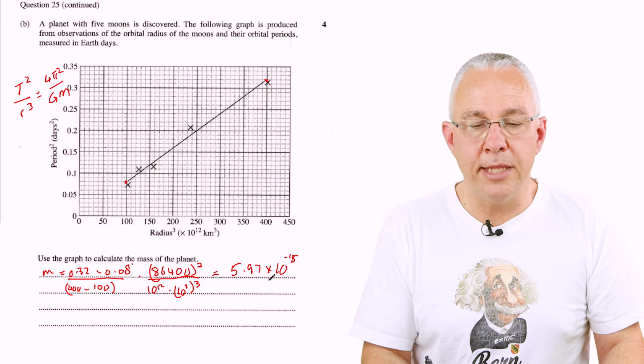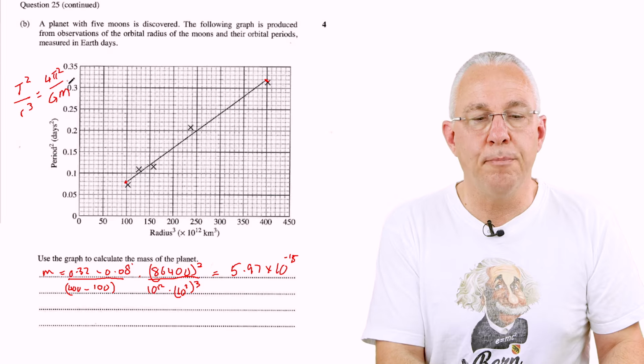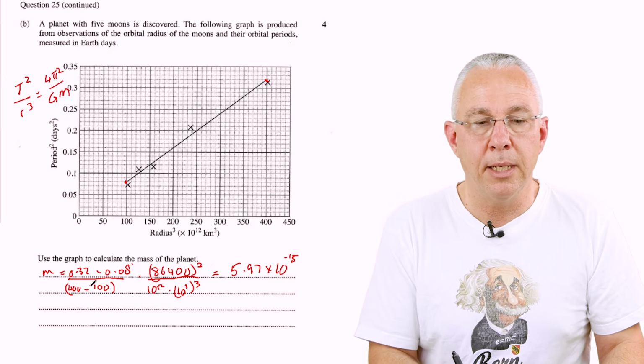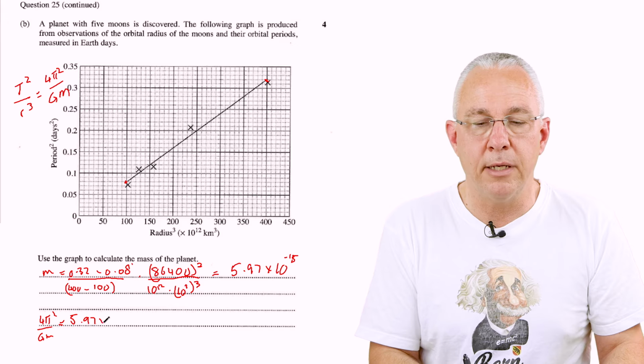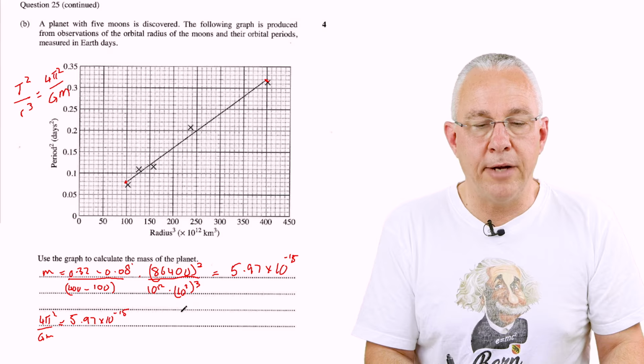Now, we know that this is equal to 4 pi squared over GM. And so what we have is 4 pi squared over GM is equal to this value here of 5.97 by 10 to the power of negative 15. I now can rearrange this.